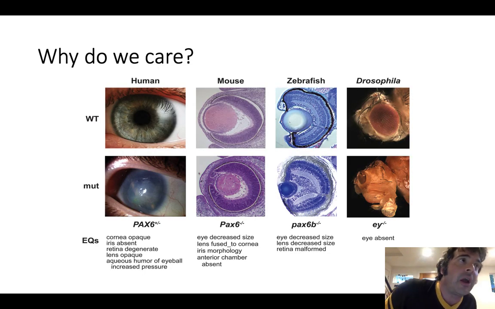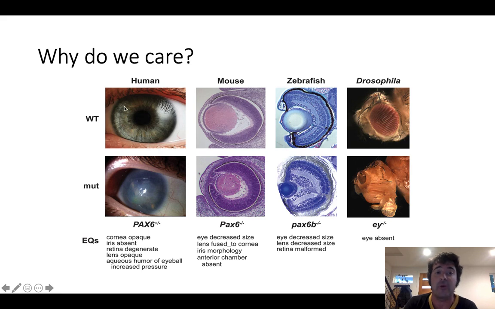So why do we care about this? Wild type just means the most common form of a gene. So we're looking at what's called the PAX6 gene, which codes for the PAX6 protein. In the normal gene, or the most common form of the gene, think of it as being kind of like the healthy gene, the PAX6 gene codes for the PAX6 protein.